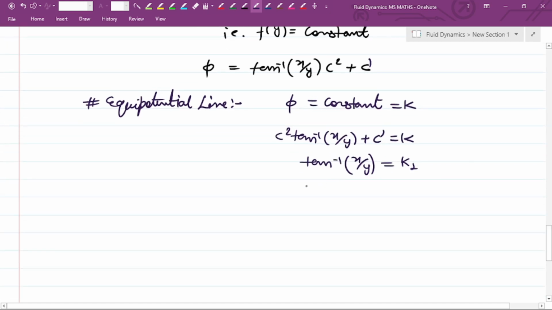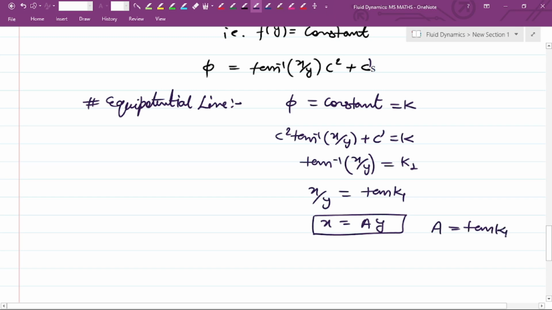Then x upon y equals tan k1, sorry, not tan inverse, tan k1. It is also some constant. So x equals a into y, where a is some constant tan k1. This is the line passing through the origin.